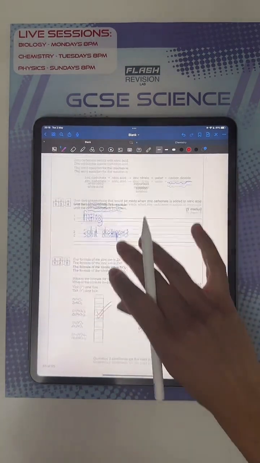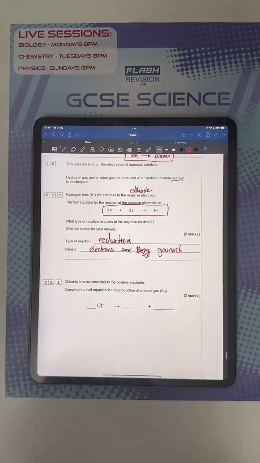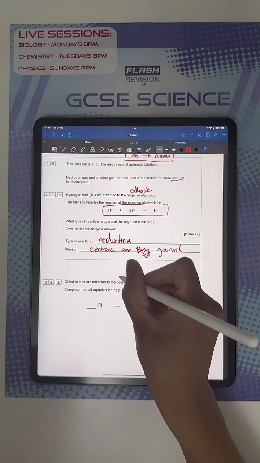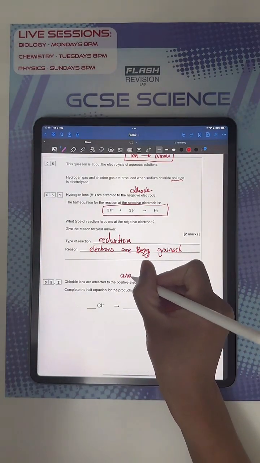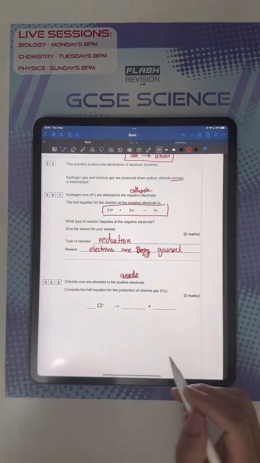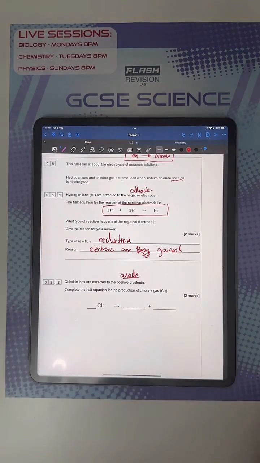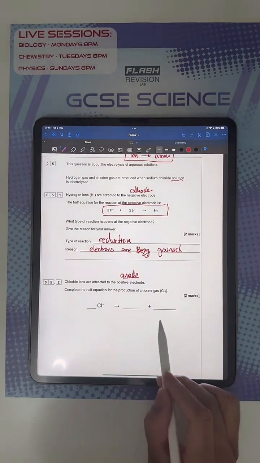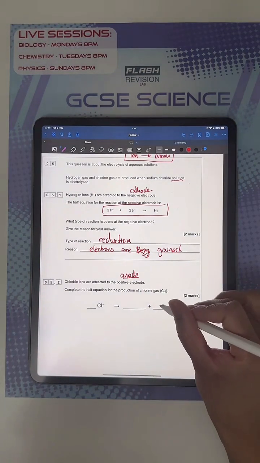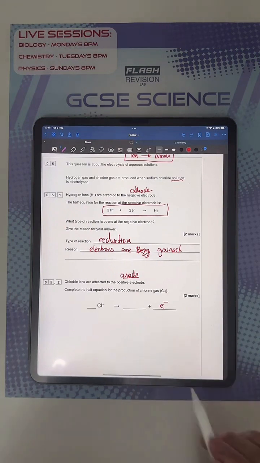So what do we have here? We have positive electrode, so that's anode. That means our electrons are going to be on the right. That's why we've got two lines here. So one of these is going to be the electrons. What's missing here? What do you guys think?